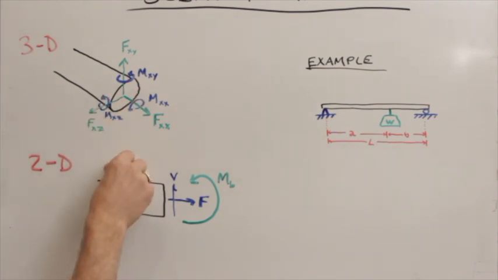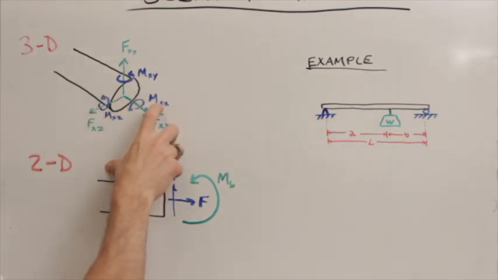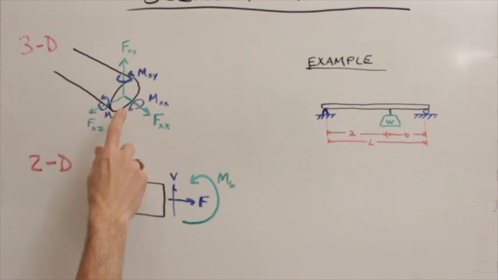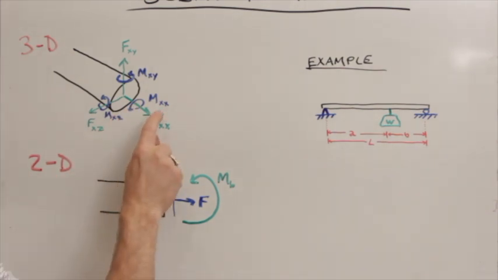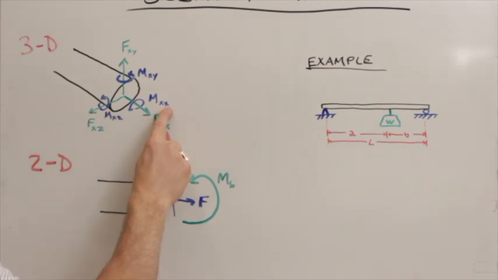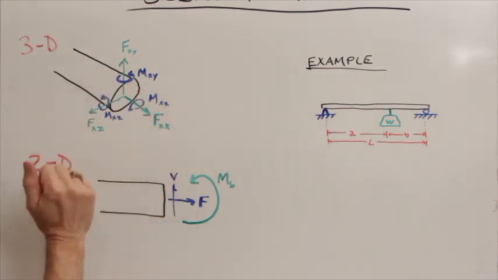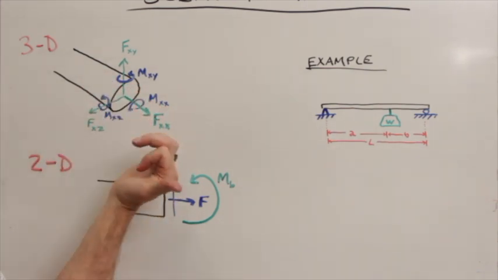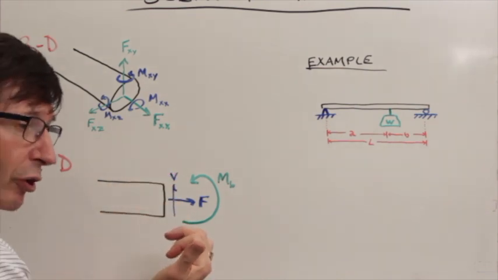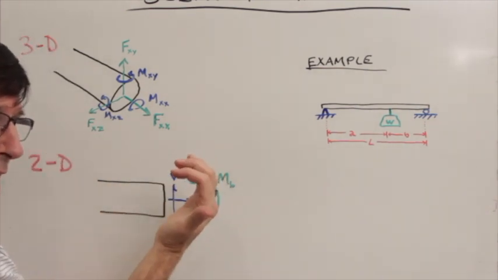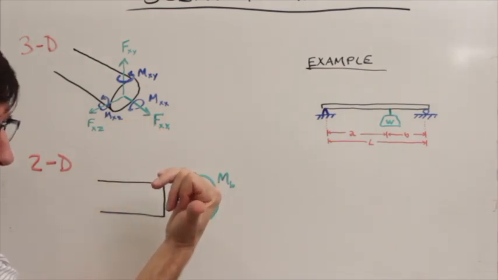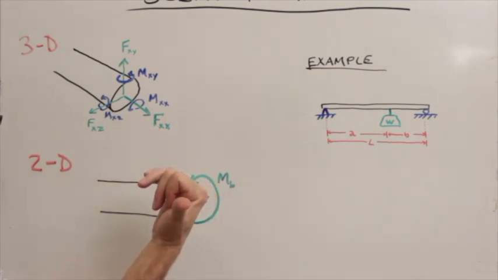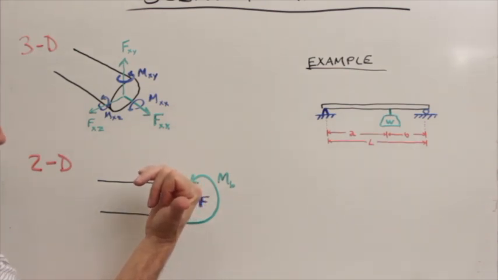The 3 moments have a similar convention. The first subscript represents the face the moment is acting on, and moment Mxx is acting on this X face and in the X direction. By in the X direction we mean by the right hand rule, about the axis about which the moment is acting.